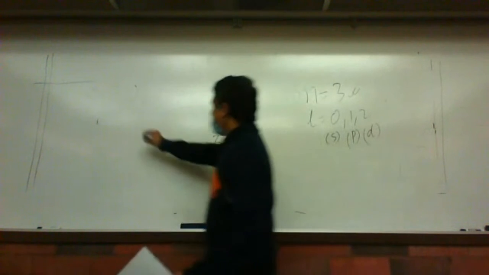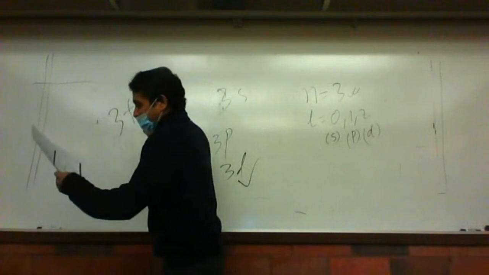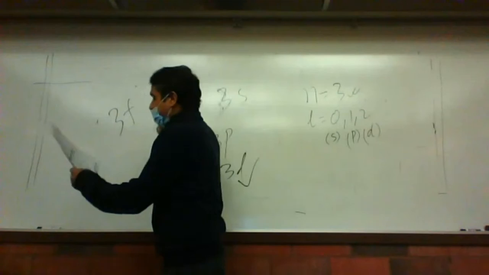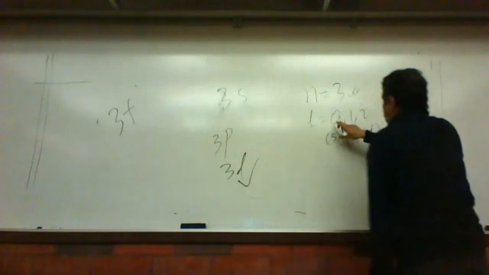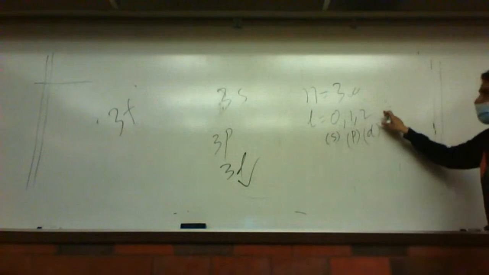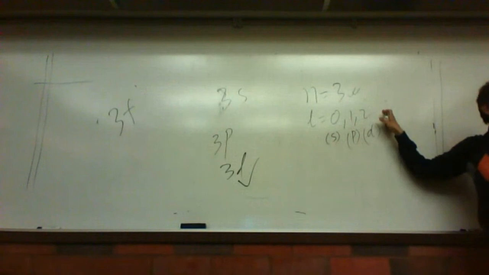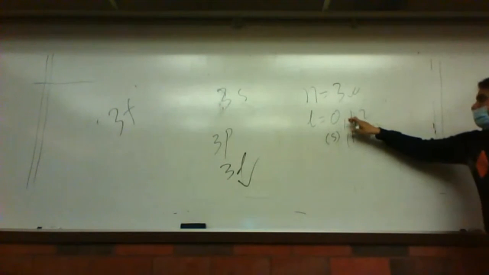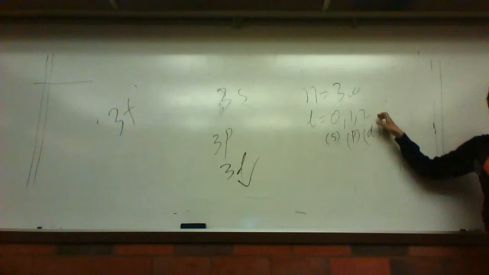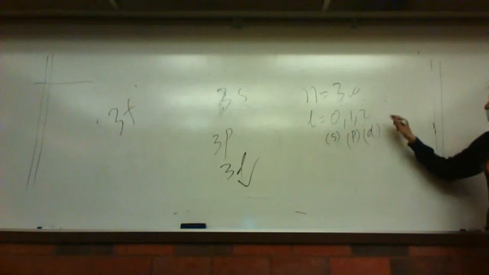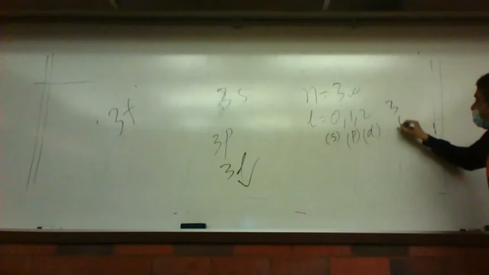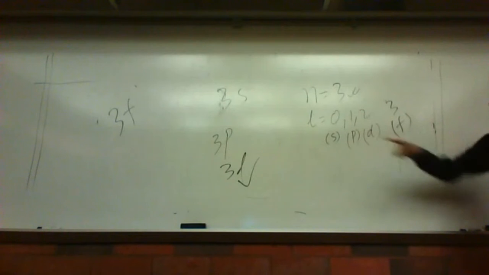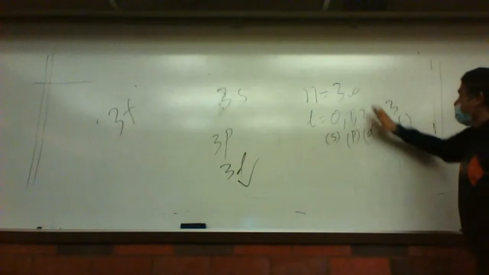How about 3f? Now let's talk about 3f. The last one is 3f, right? So s, p, d, f. Can I write 3 here? I cannot, because if n equals 3, I should start from 0, 1, 2, and I should not go up to 3. If I had written 3 here, I could give f, and only then 3f would exist, but it's not possible.